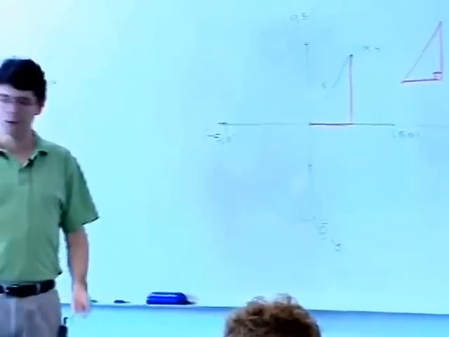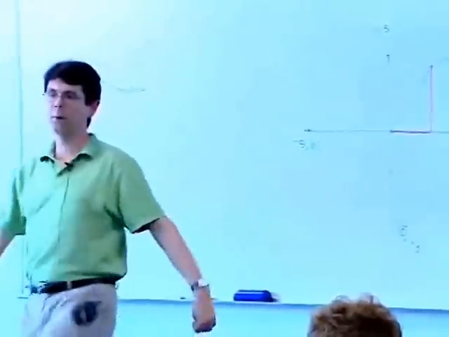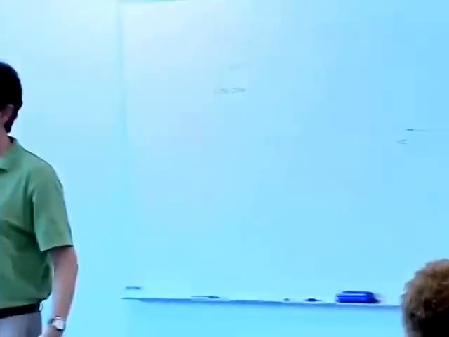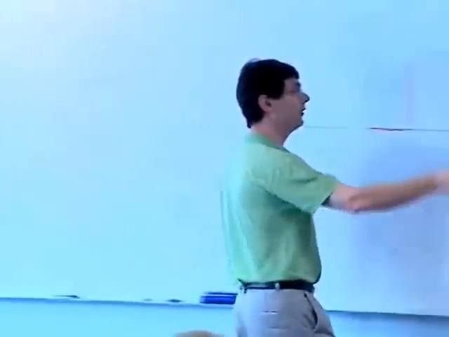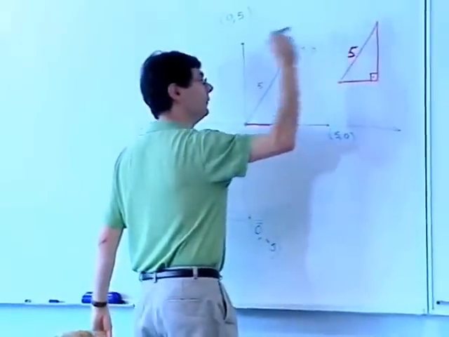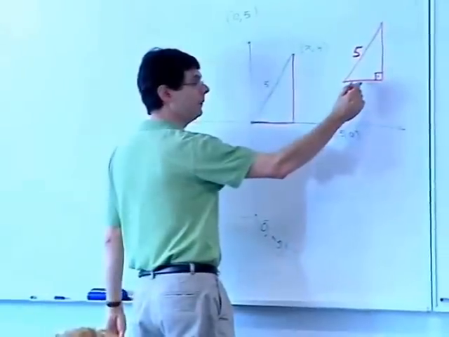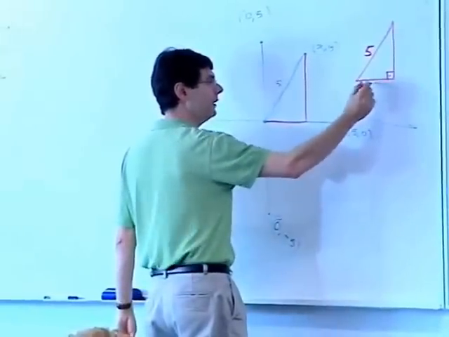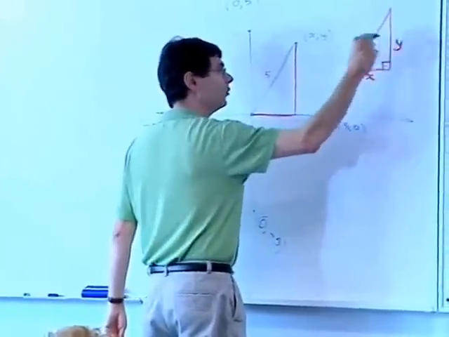And as soon as you see a right triangle, your knee goes, boop, Pythagoras. Because it's a knee-jerk reaction. And in that picture, the hypotenuse is 5. And this leg here is x, and that leg there is y.